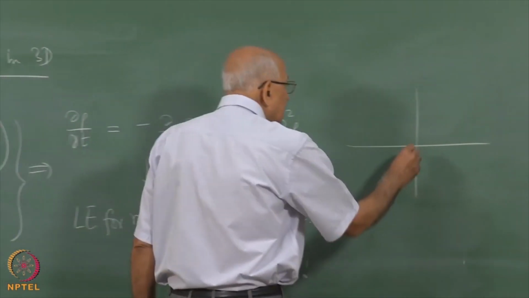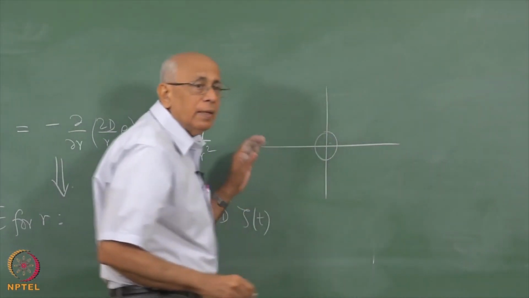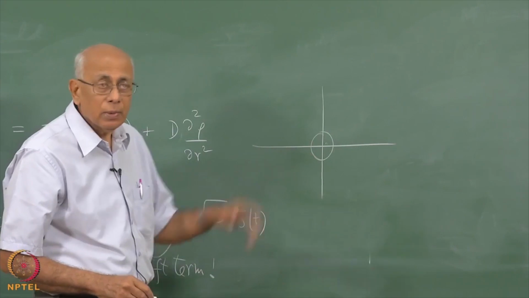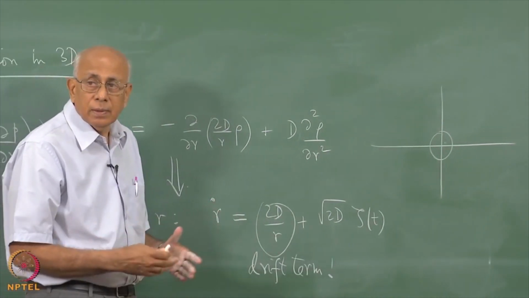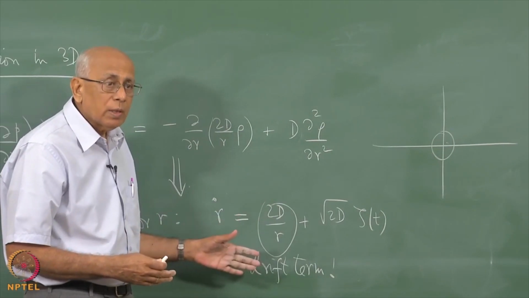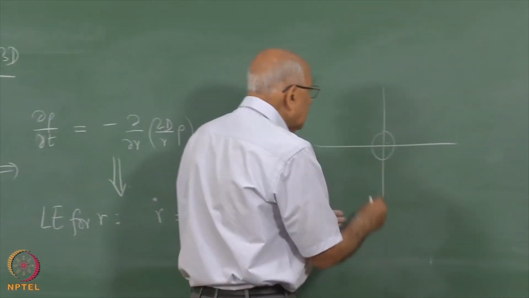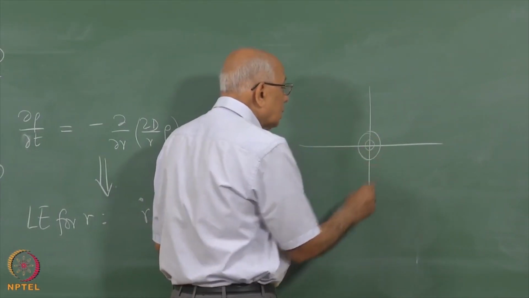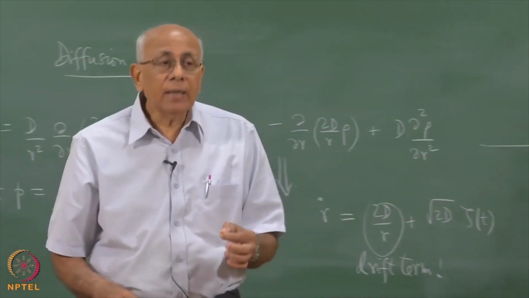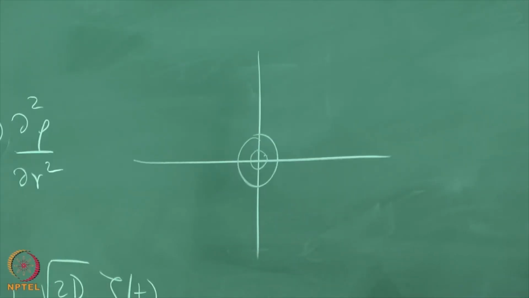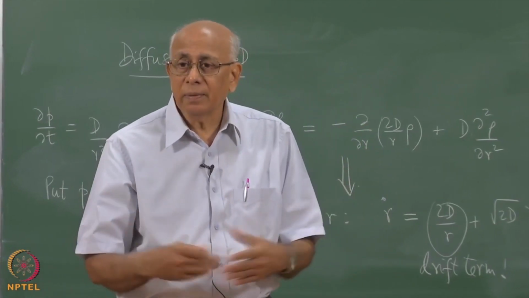But if you start somewhere in this place, the tendency is to get pushed out, because this term is fairly large, it is going like 1 over r, and the reason of course is very clear. It says that if you start in a sufficiently small neighbourhood of this origin, then due to any fluctuation r can only increase. If r is sufficiently small, in any fluctuation r can only increase.